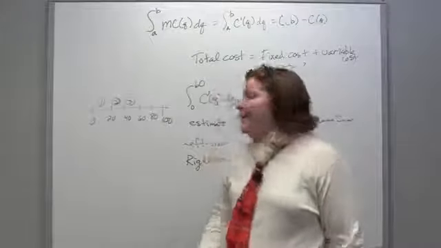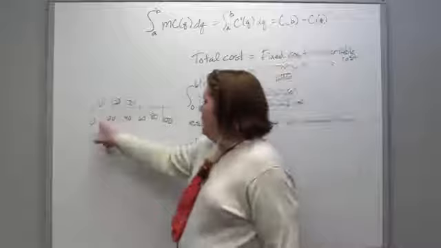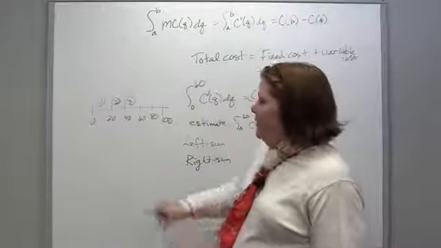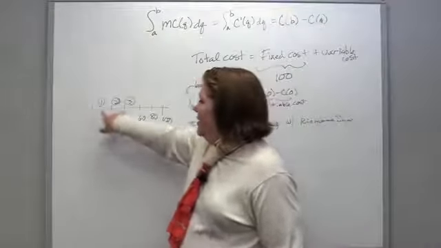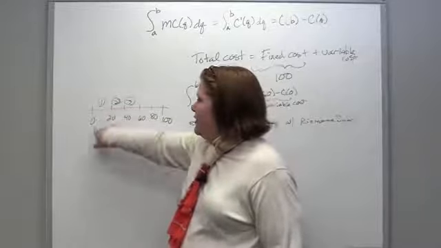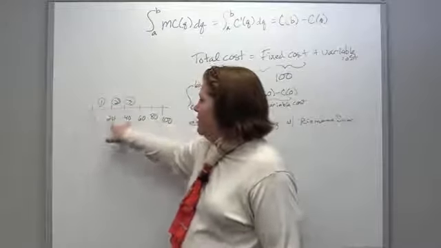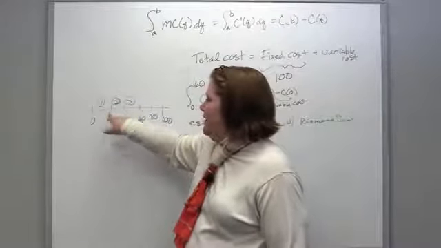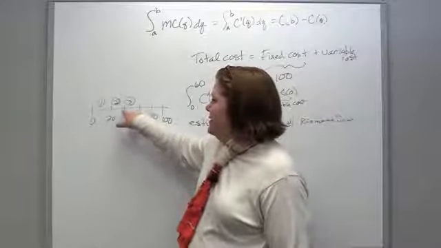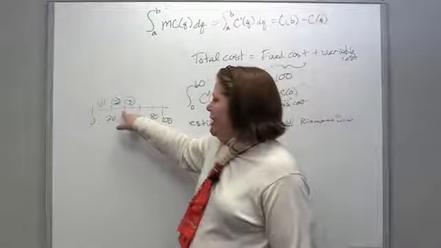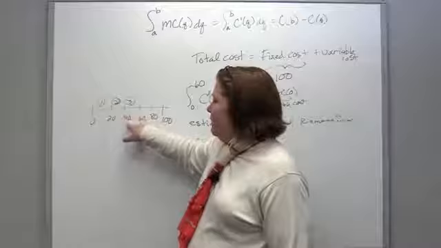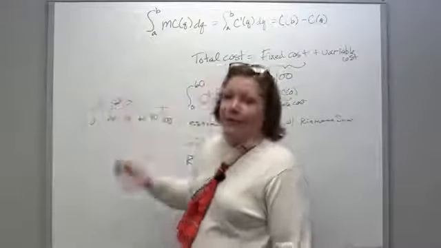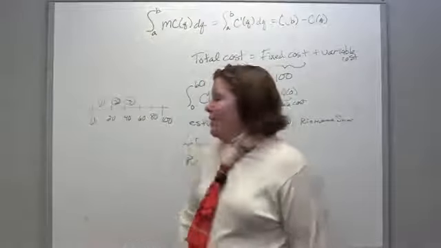and then we're going to average them. And so for the left sum, we're looking at all the data points that are at the left. So for 0 to 20, we're going to look at the 0. From 20 to 40, we're looking at the 20. And from 40 to 60, we're looking at the data at 40. So we have 3 rectangles, if I were to draw the graph.